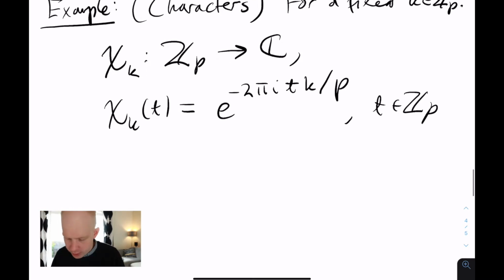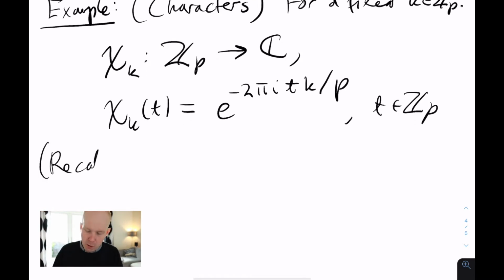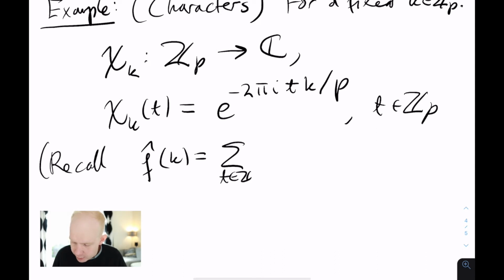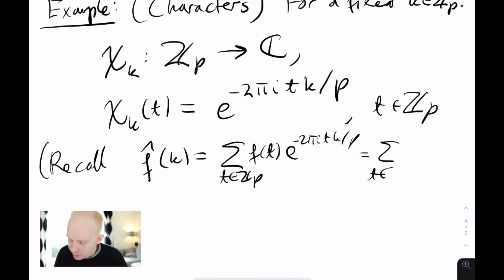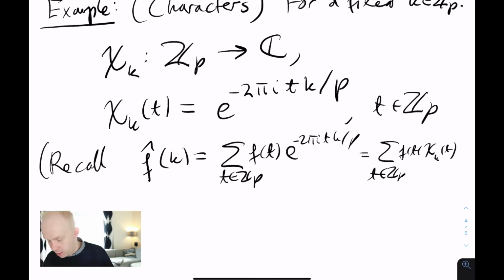Now recall that if you take the Fourier transform at k, this was equal to the sum over t in Z_p of f(t) e to the power minus 2 pi i t k over p. So this is equal to the sum over t in Z_p of f(t) chi k of t. It's these functions that you use to define the Fourier transform at this point.